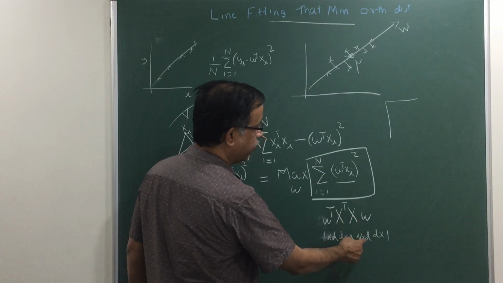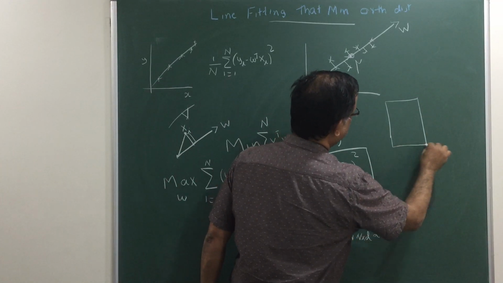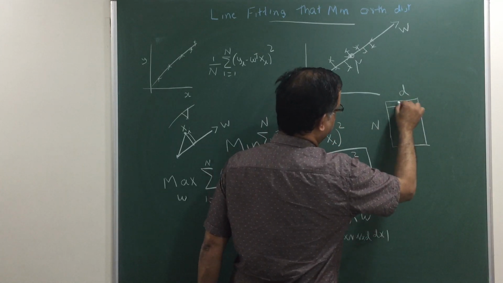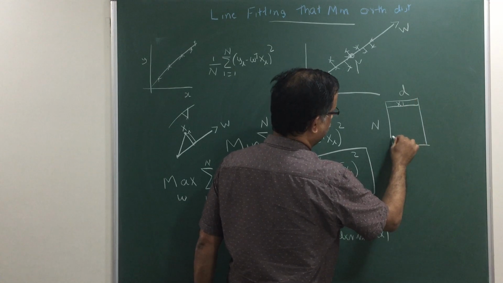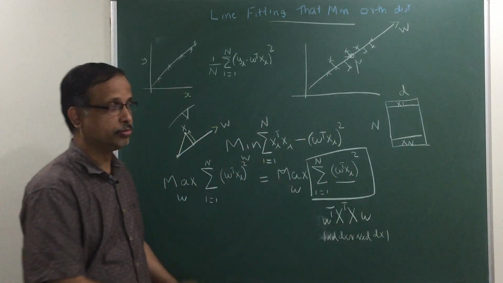X is an N by D matrix with all the samples x1 to xn written in this form.